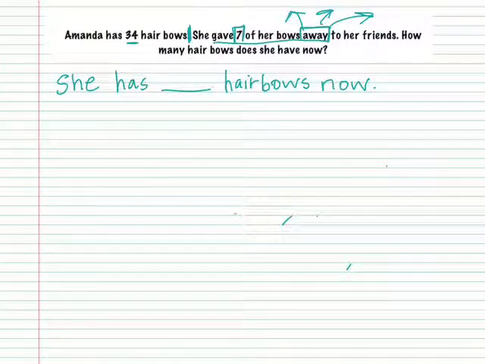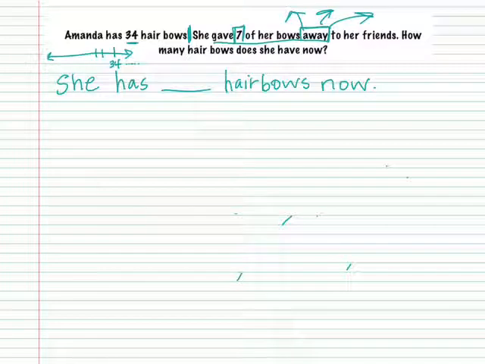If you were to imagine a number line and you had 34 on it, it cannot be something that goes on this side. It has to be something smaller than 34. She's giving it away. So if you have a number that's bigger than 34, you are not subtracting. And that's what we're doing in this problem because she's giving things away. Her number's going to get smaller. That 34 is going to get smaller.